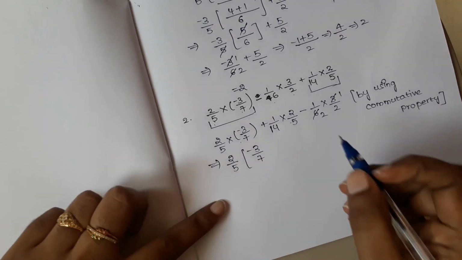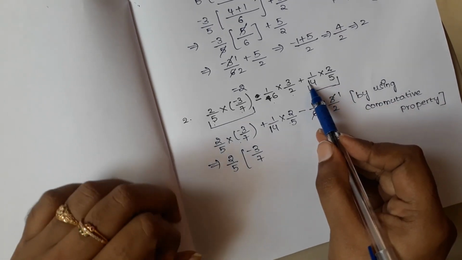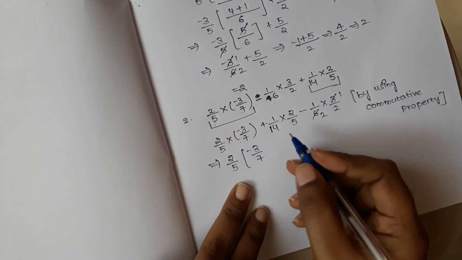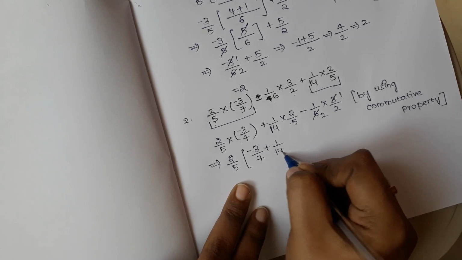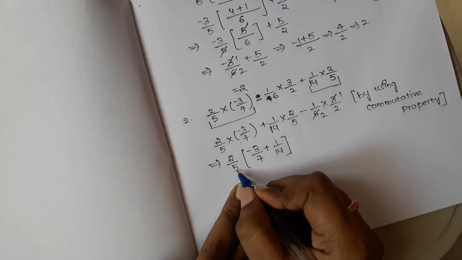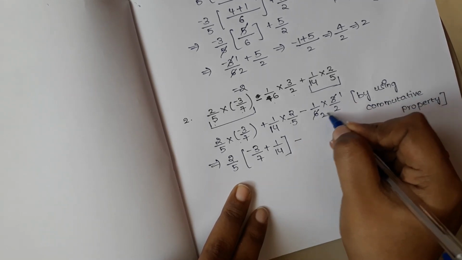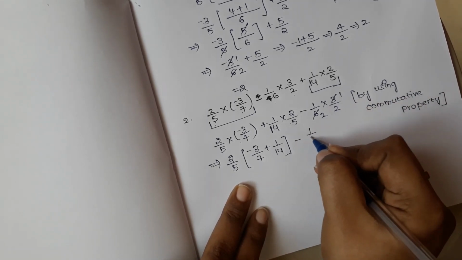Sorry, here not 1 by 4, that is 1 by 14. Now let us do from here minus 3 by 7 plus 1 by 14. 2 by 5 is taken as common, and from this we have 1 by 2 into 1 by 2, that is 1 by 4.